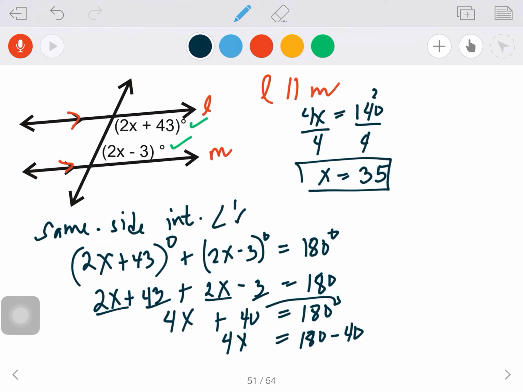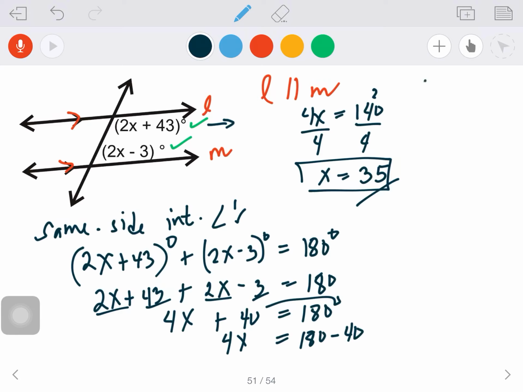Now take note, you don't put a degree unit on 35 because this is not yet the angle that we're talking about. This is just the value of x. So if you want to find the angle, you have to substitute 35 to our given values in algebraic expression form.